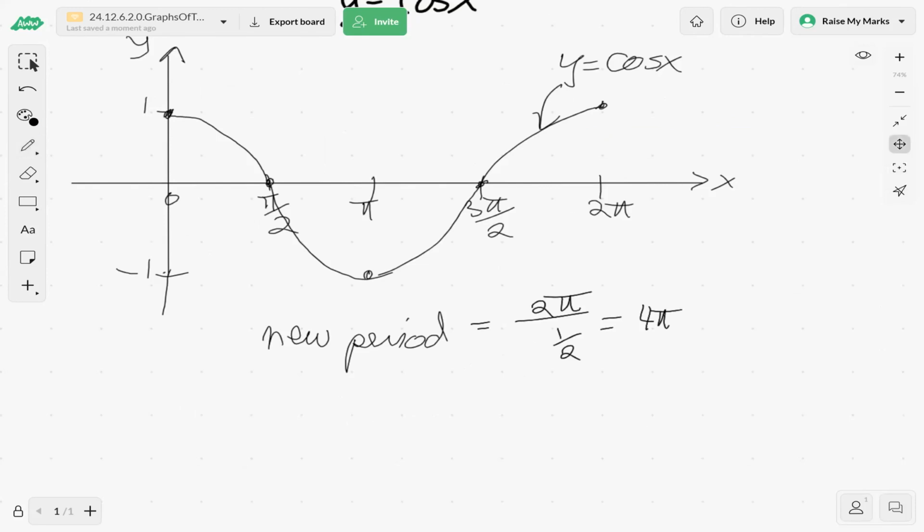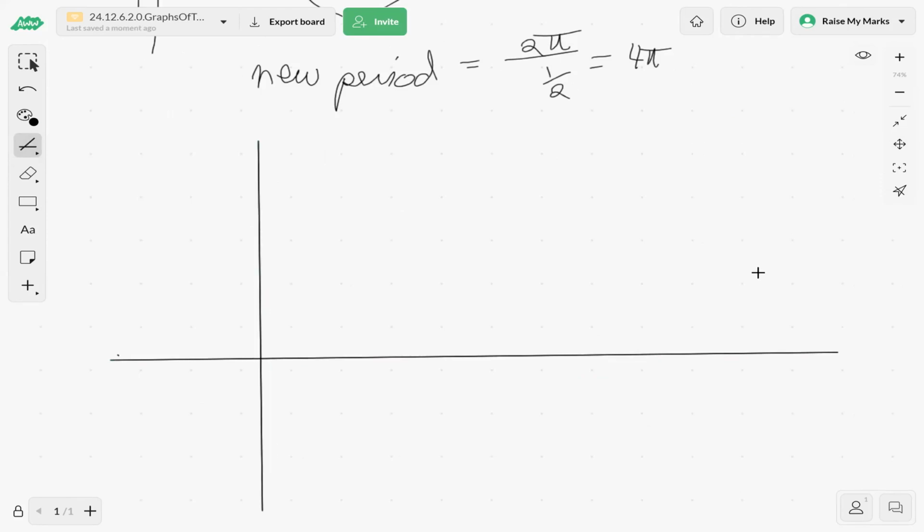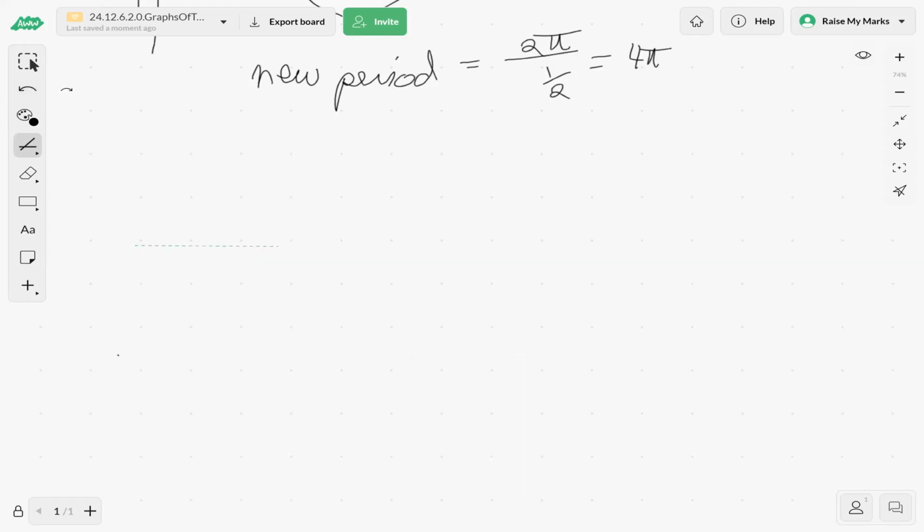So let's use this and draw out a new set of axes. All right, let's try it this way. Okay, so that might be better.